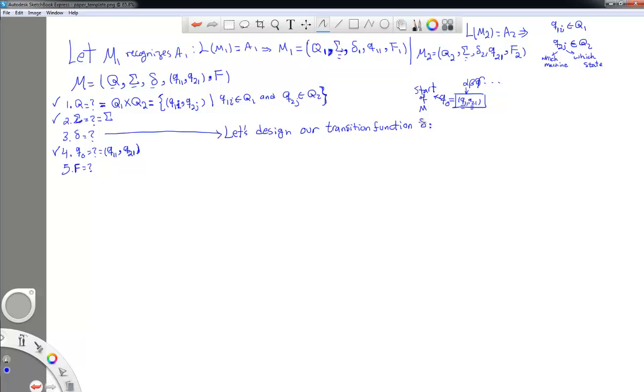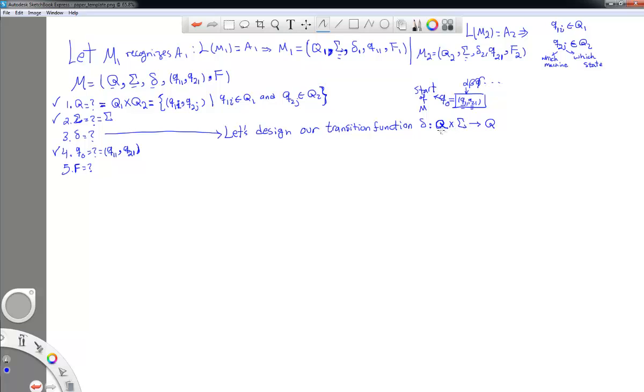One of the things I need to define is its domain and range. The domain is Q, the set, cross alphabet, over to Q. This is effectively by definition. So my delta will take something from Q cross product the alphabet, and as a result it will produce something from Q.